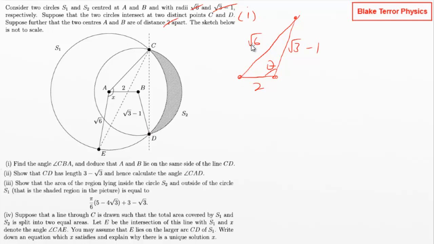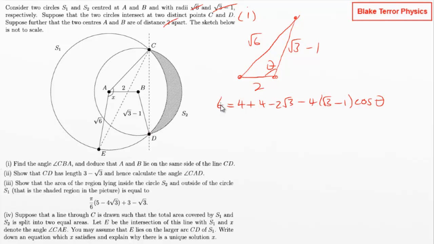So we're going to have root 6 squared, so 6. 2 squared is 4 plus this thing squared, so that would be 4 minus 2 root 3. Then we need to take off 2 times 2 times root 3 minus 1 times cos theta. We got loads of 2's we can get rid of here, haven't we?